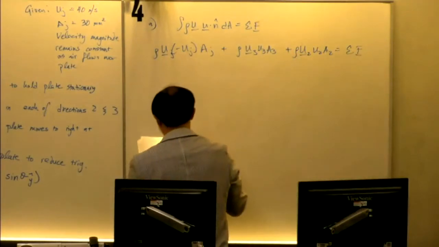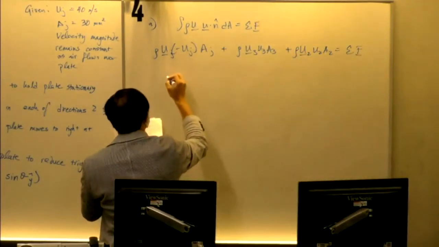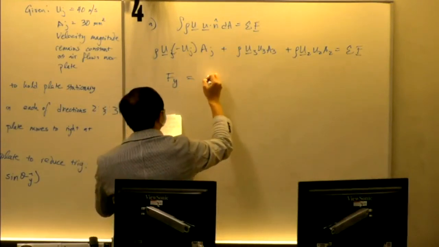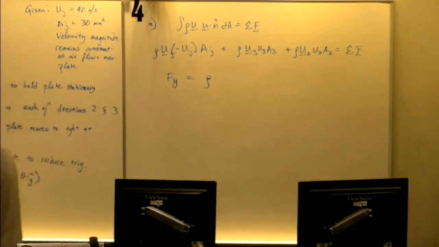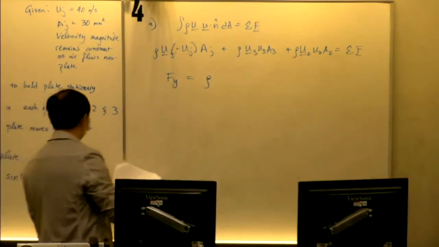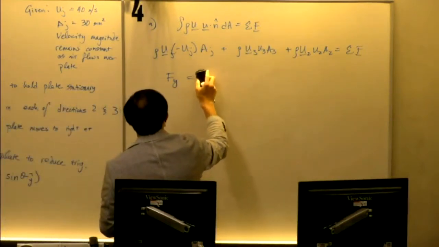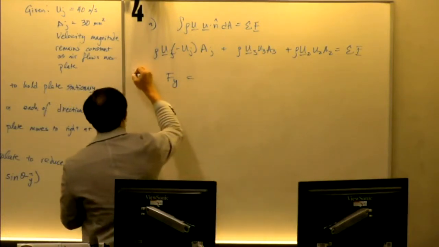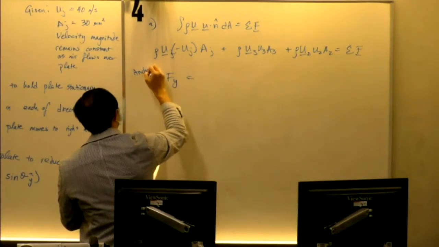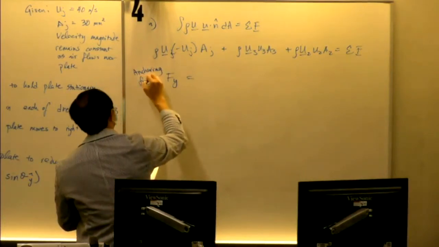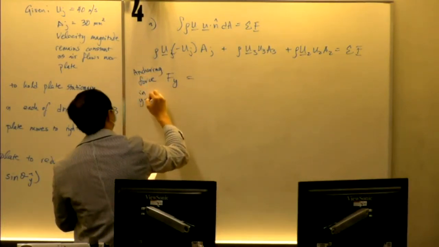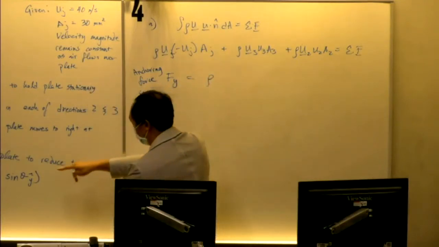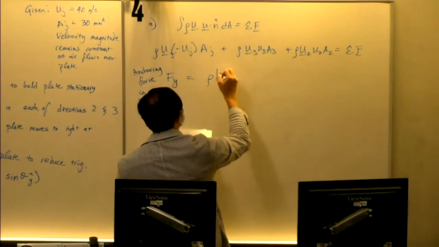All right. And this anchoring force, what they call Fy. The only contribution you're going to get is the component in the y direction. So anchoring force is negative rho, and the negative from the uj, so we got rho uj squared.